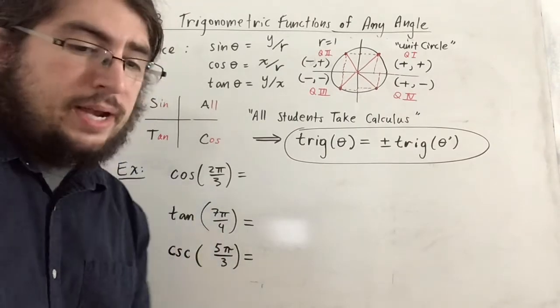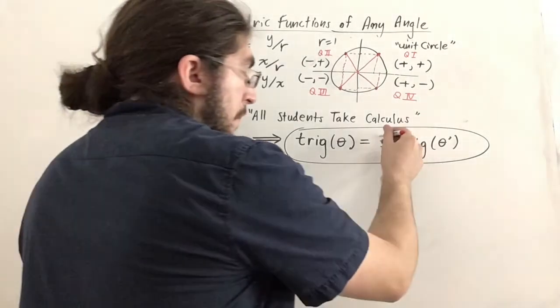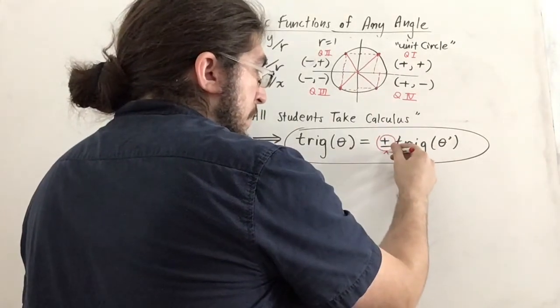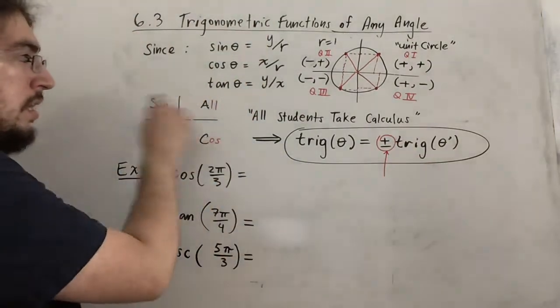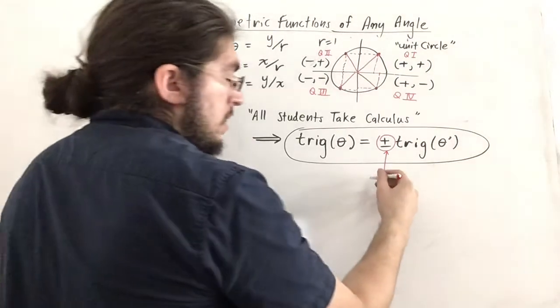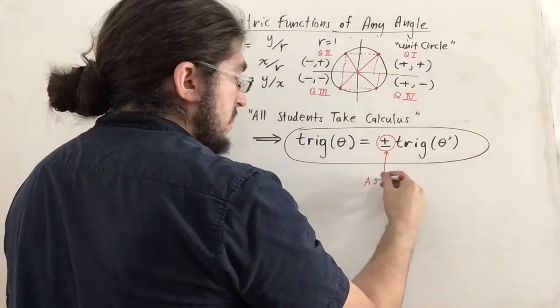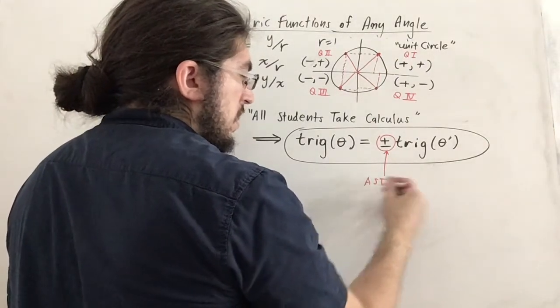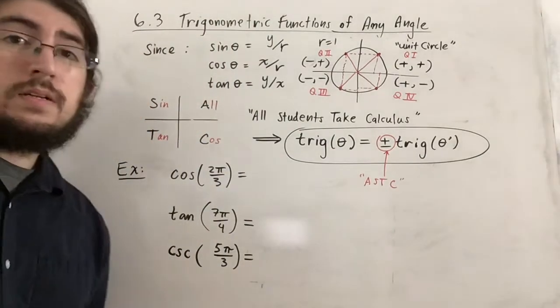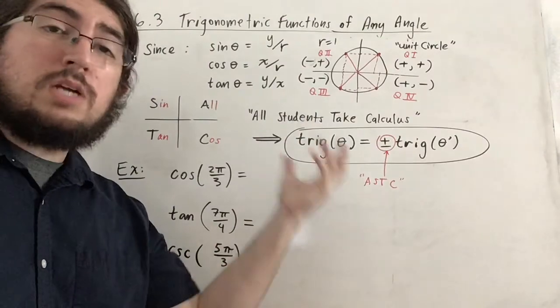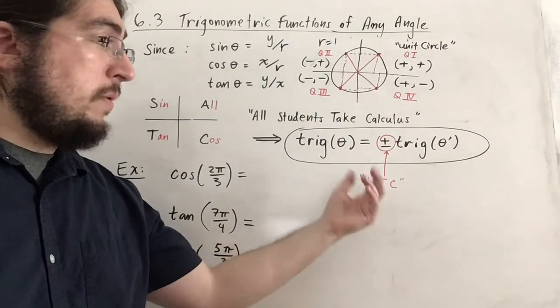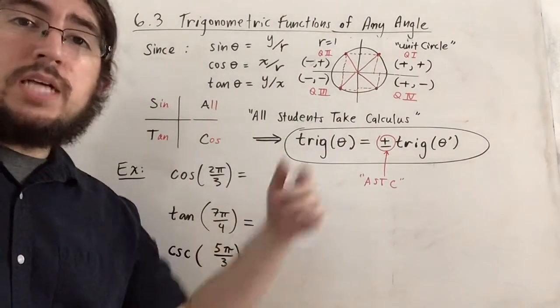Now, the plus or minus symbol here represents a possible sign change depending on which quadrant it is. So basically, it depends on this acronym here: all students take calculus. Great. So all we need to do is figure out what the trig function is and then what quadrant we're in, and that'll determine, based on this, what sign we use.